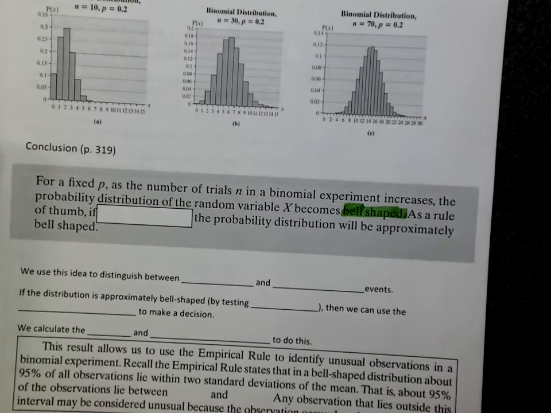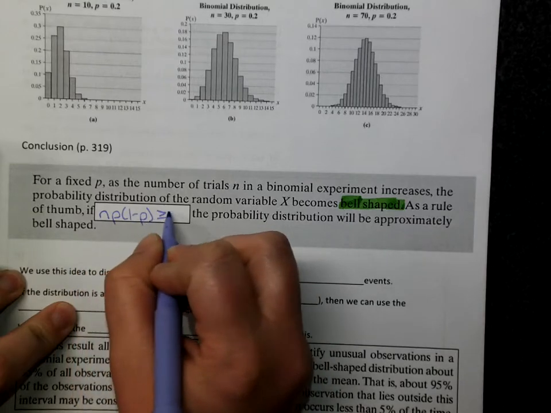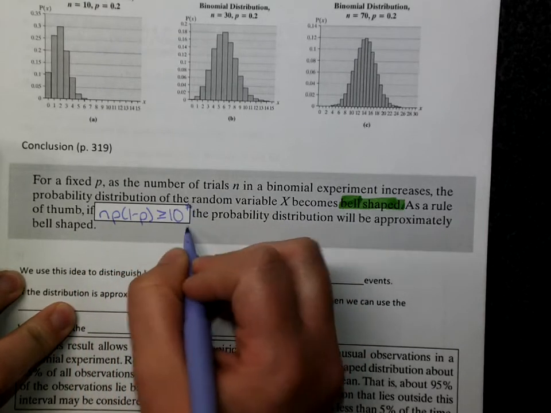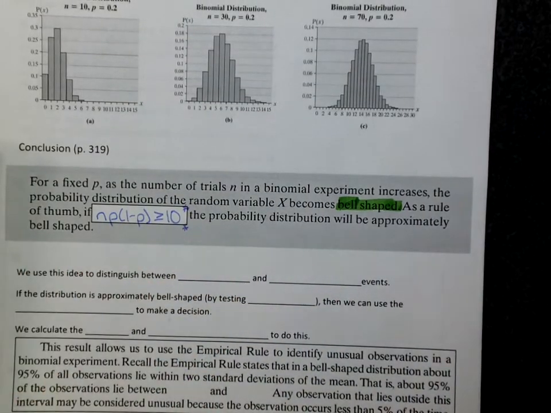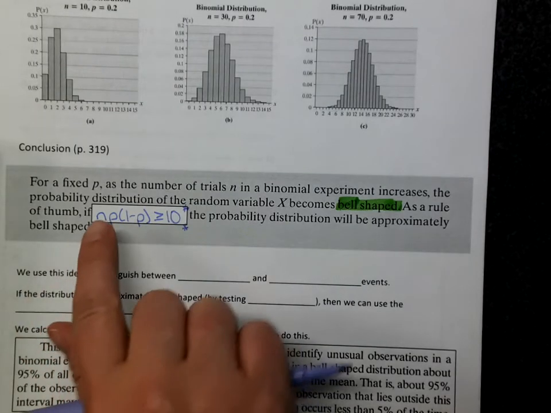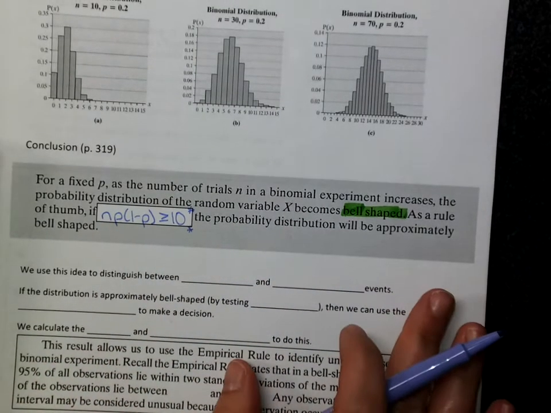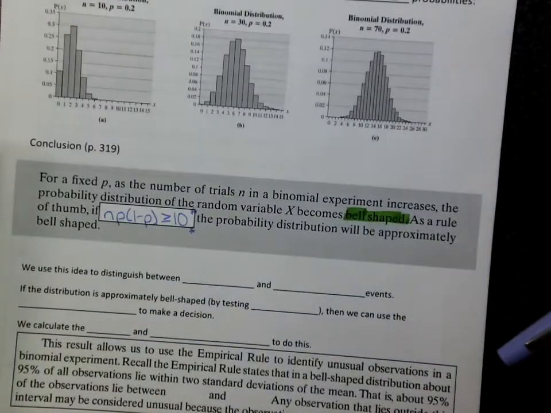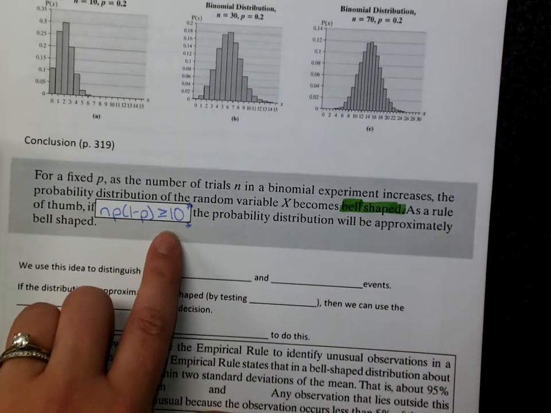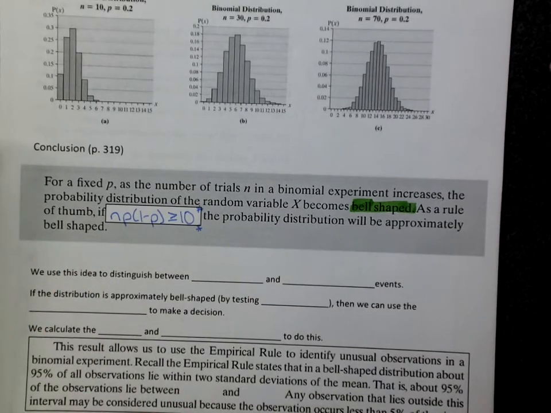So as a rule of thumb, if n times p times 1 minus p is at least 10, 10's the magic number there, the probability distribution will be approximately bell-shaped. So we don't have to sit here and make those histograms. We can say that if we do this check, if we do n times p times 1 minus p, which is the part under the square root for the standard deviation to help you remember that, if that, before you square root it, is at least 10, the probability distribution will be approximately bell-shaped, which is what we want.